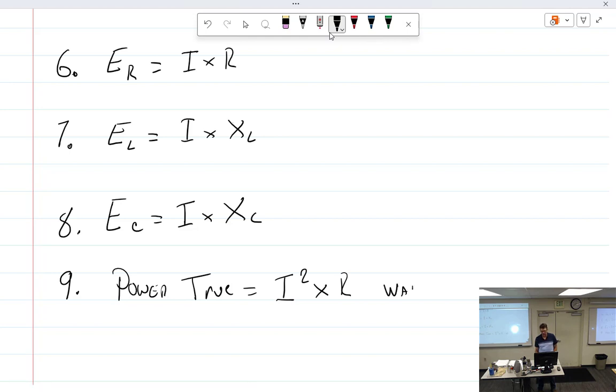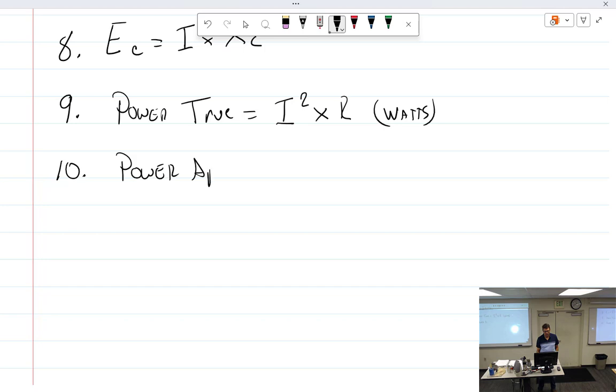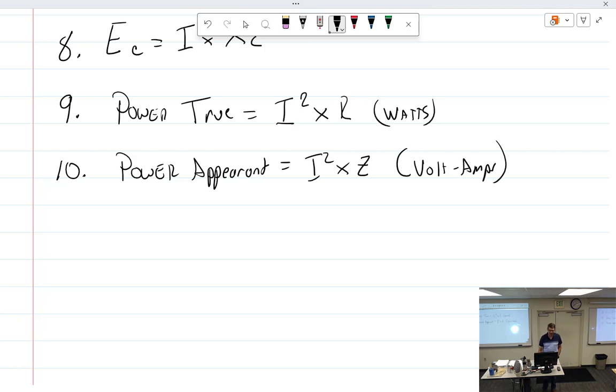Ten: power apparent equals I squared times Z, and that is going to be expressed in volt amps.